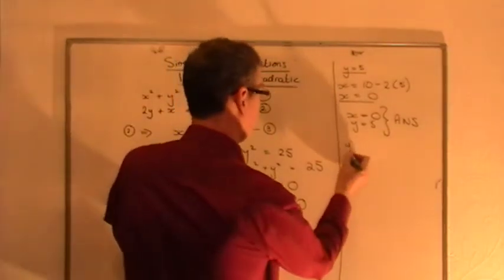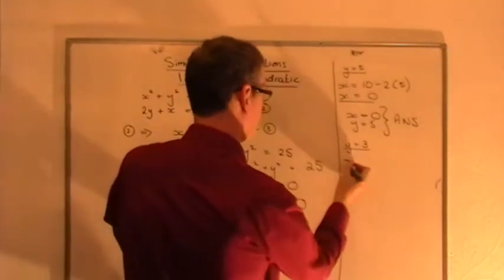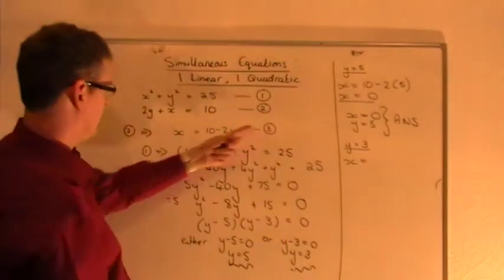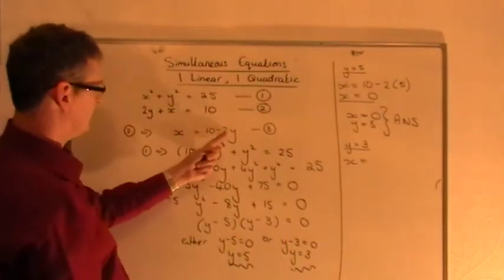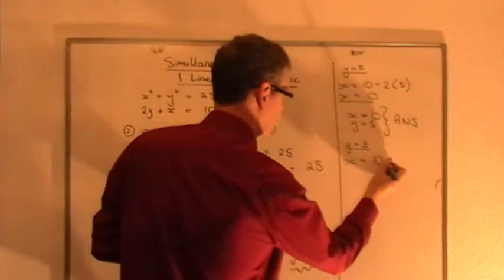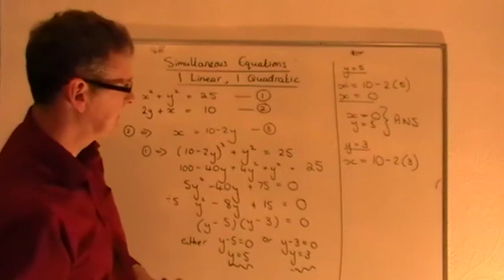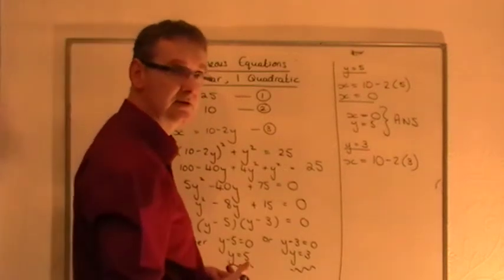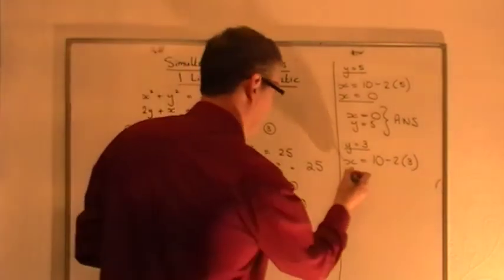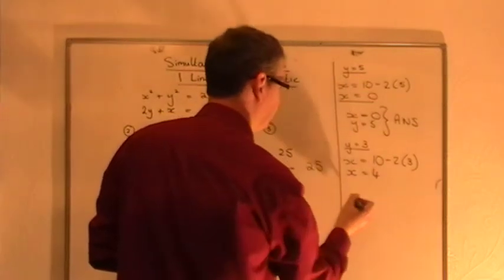Okay, there's a second pair of answers. If y equals 3, we can work out from equation 3 that x will be equal to 10 take away 2 3's, that's 10 take away 6. X turns out to be 4.